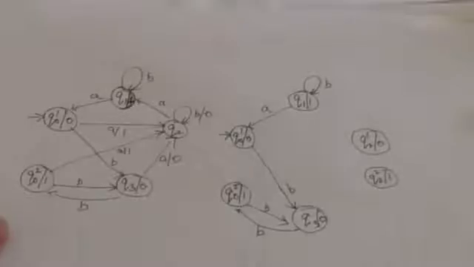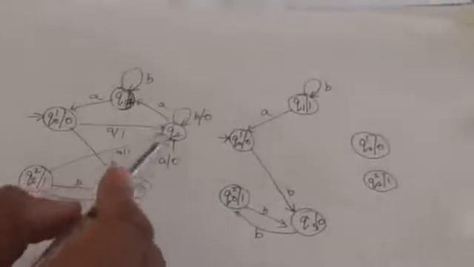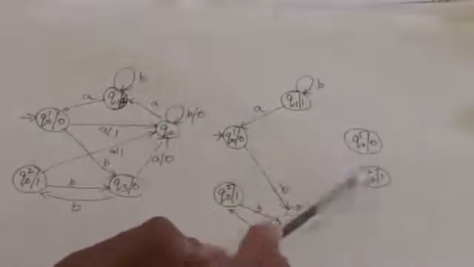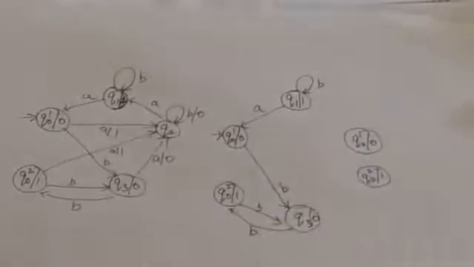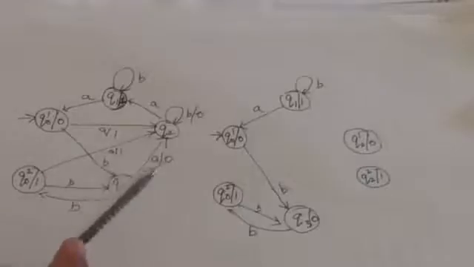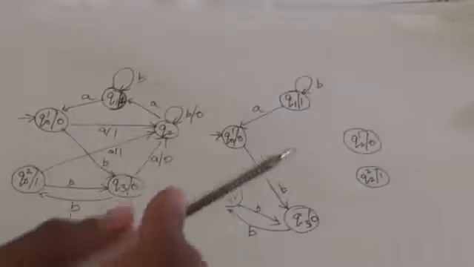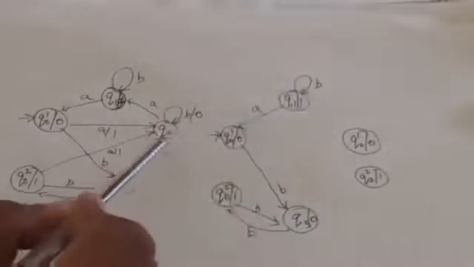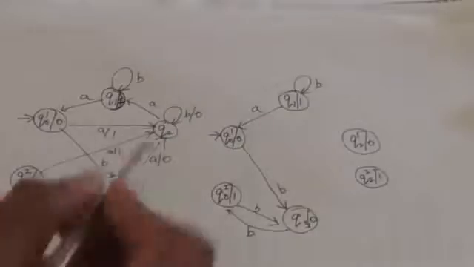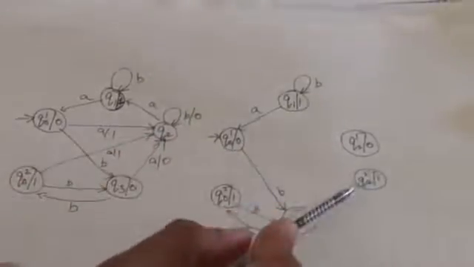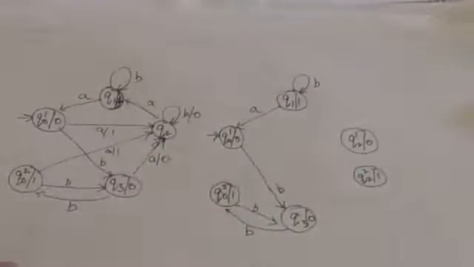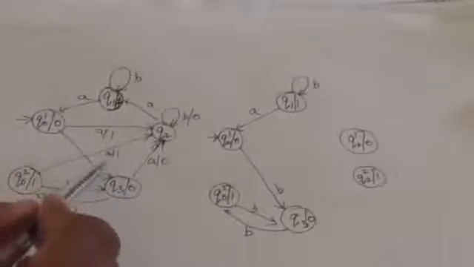So here we have made two versions of this state Q2. One is associated with output symbol 0 and other is associated with output symbol 1. So those incoming edges which are labeled by output symbol 0 will fall on this state, and those incoming edges which are labeled by output symbol 1 will fall on this state, and outgoing edges will remain as it is. Now see these two edges.